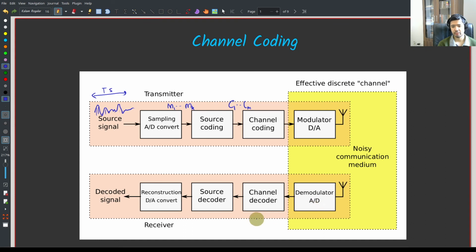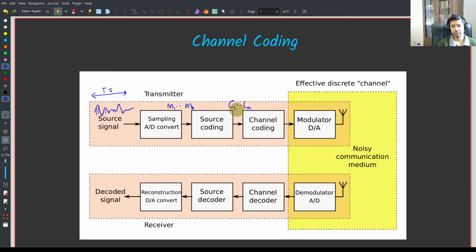Now at the receiver, you have an identical set of blocks. The continuous time signal that you receive at the receive antenna is converted from analog to digital and then demodulated to give a sequence of bits, and all of these have to be converted back into the original signal. So you have a reconstruction and D to A conversion at the last step.